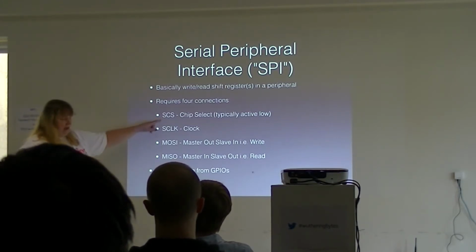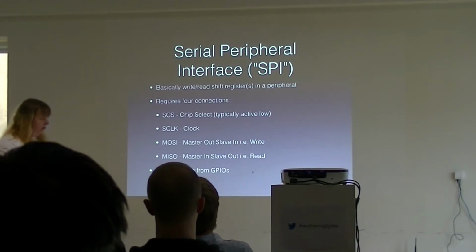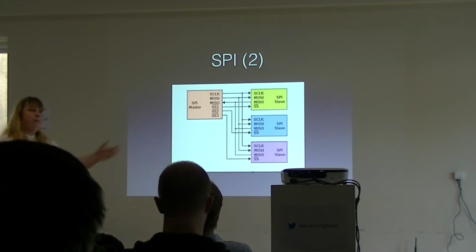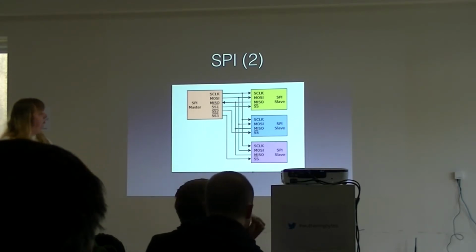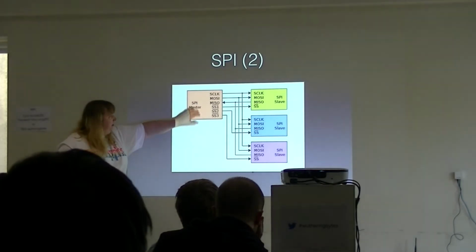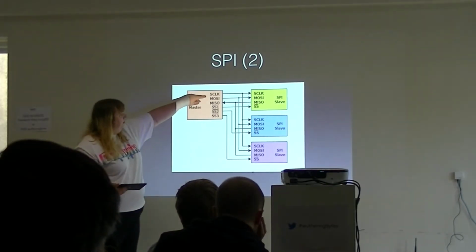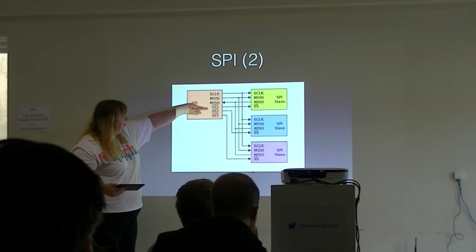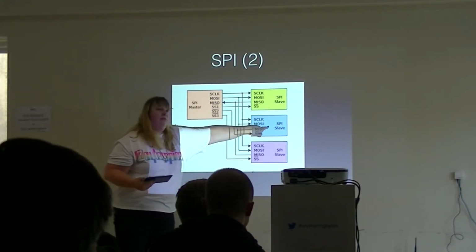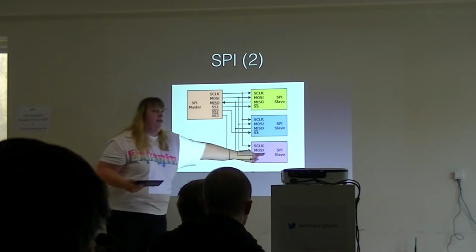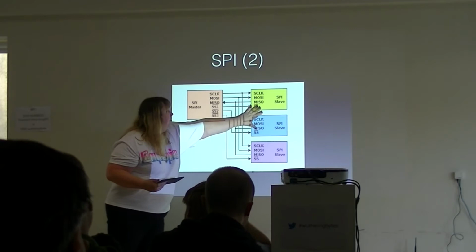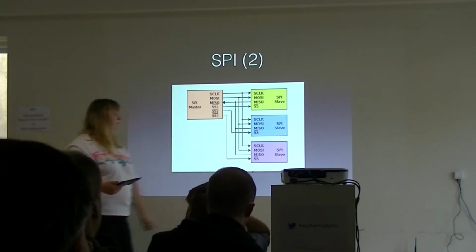And we have a select, because we have multiple devices connected. So this will be our Raspberry Pi or our Arduino. We've got our clock, data out, data in, and then that one selects this one, that one selects this one, and that one selects this one. So if we selected this one, these two will ignore the signals.